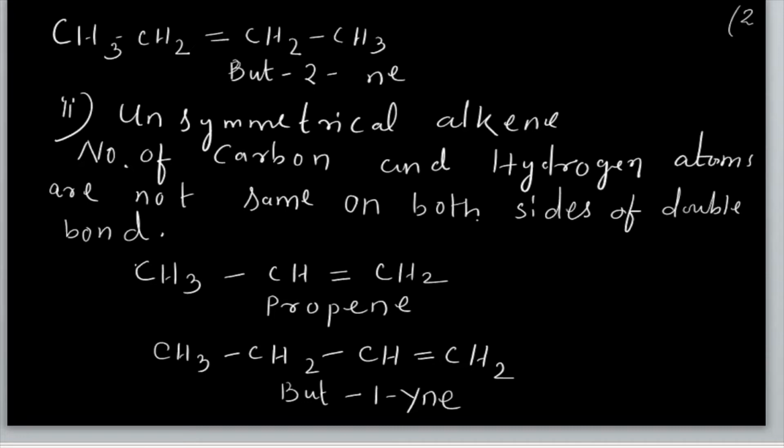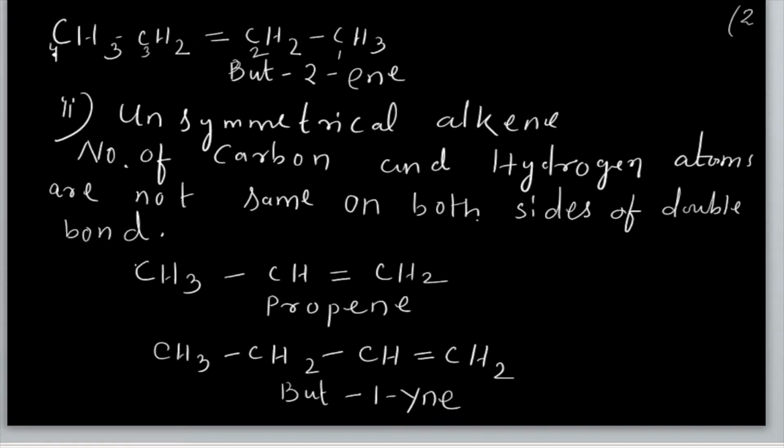Now you count carbon and hydrogen on both sides. Left side 2 carbon, 5 hydrogen. Similarly right side also 2 carbon, 5 hydrogen. It is called but-2-ene because this is 1, 2, 3 and 4. That means after 2 there is a double bond, that is why but-2-ene.